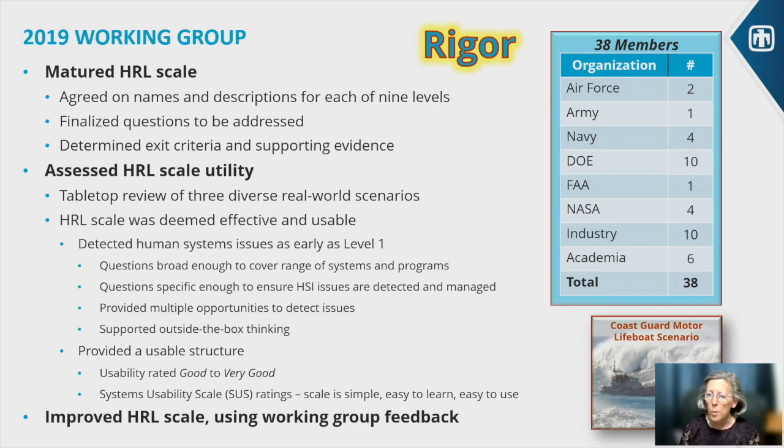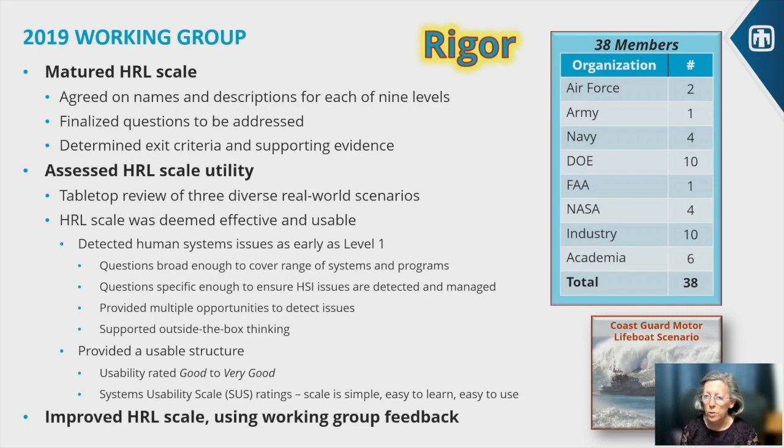So we used a similar approach for the HRL scale, where we generated questions to be addressed at each level. And those have to be satisfactorily addressed before moving on to the next level.